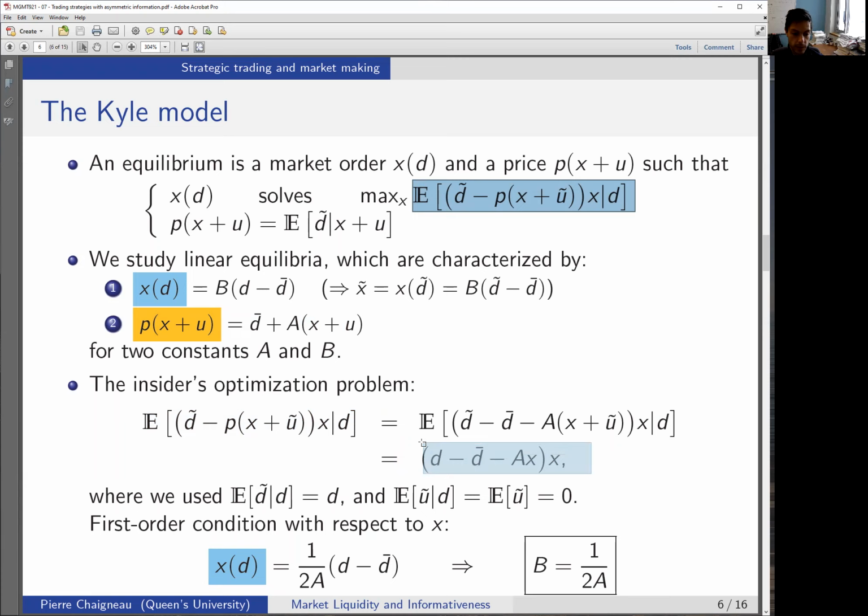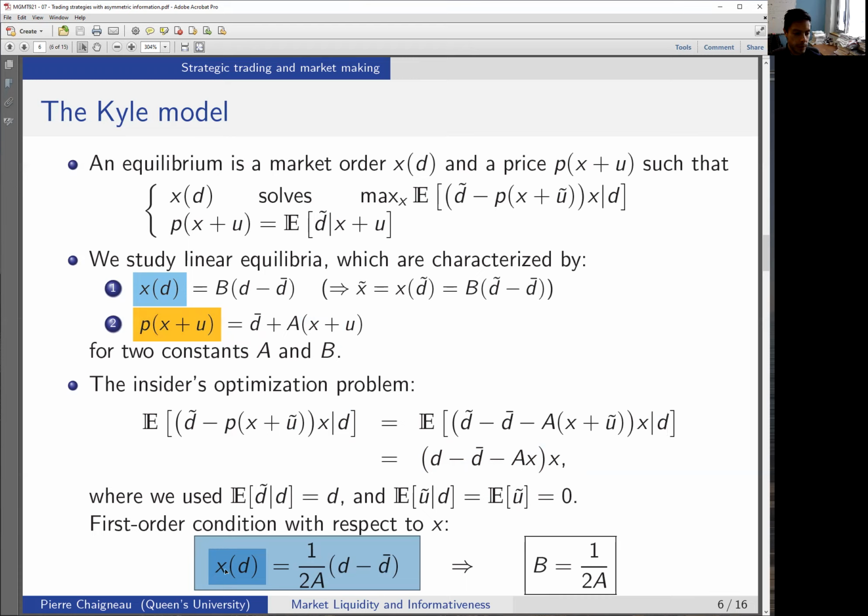First of all, as you can see, this function is concave in x, globally concave, meaning that the maximum will be given by the first order condition. So we take the first order condition with respect to x, and you should try to do this at home. We rearrange and we find simply that the demand of the insider, x of d, looks like this.